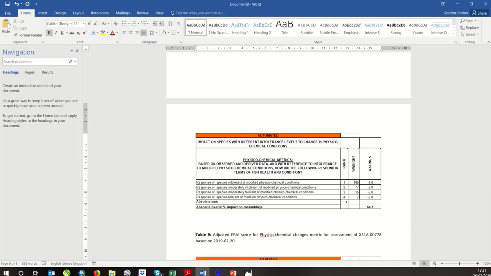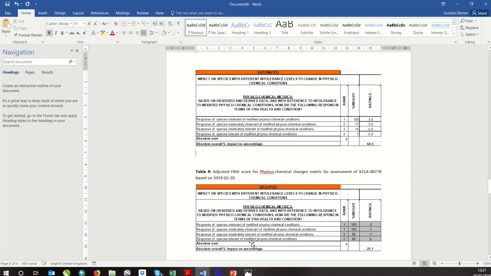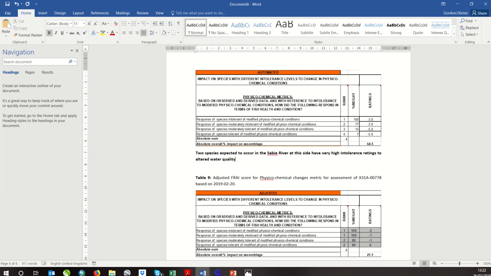And the fact that 2 species expected to occur in the Sabi River at this site have very high intolerance ratings to altered water quality.